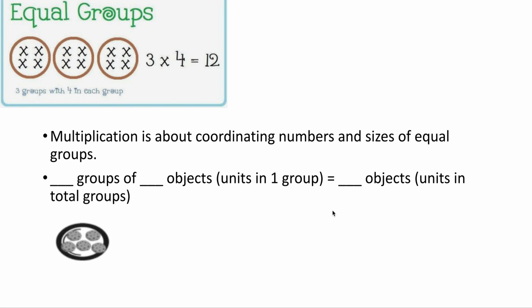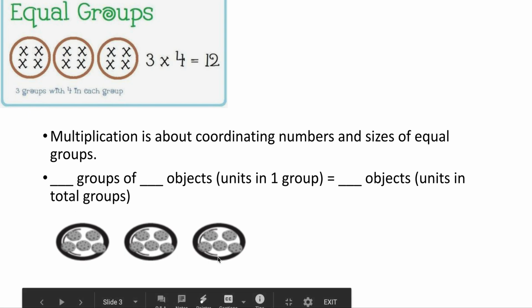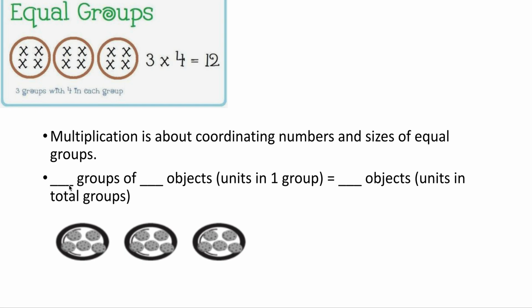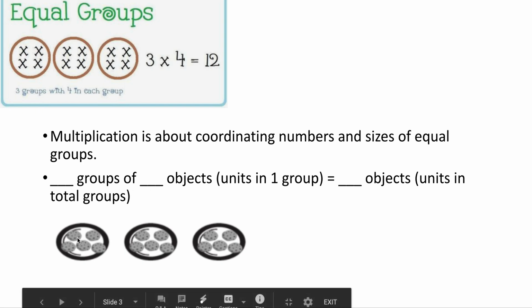Okay? For example, if we have 3 plates of cookies and on each plate we have 5 cookies, we can ask using this, How many groups? How many plates? 3 groups or 3 plates of what? Cookies. How many cookies are on each plate? 5.